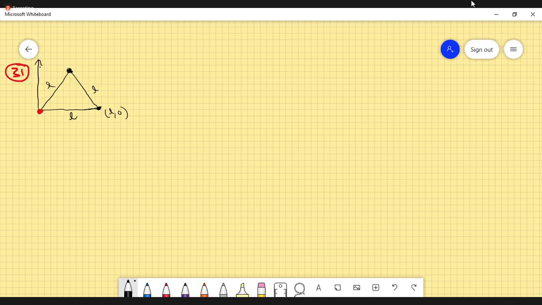This is the y-axis and this is the x-axis. Along the x-axis it is L by 2. I thought L by 3.